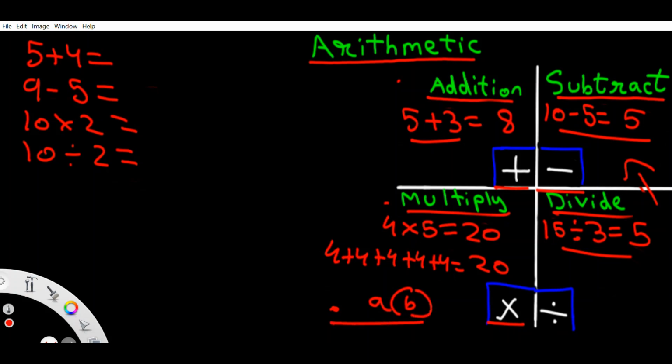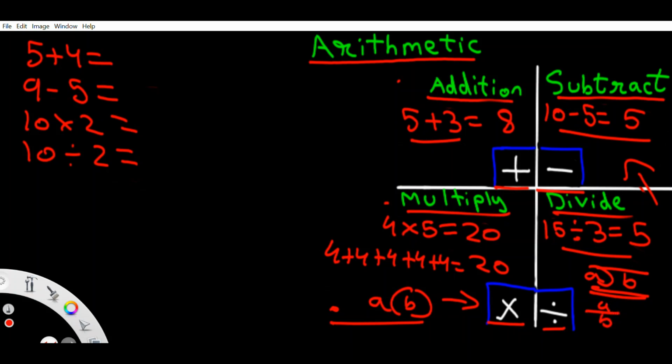Don't get confused, these both mean multiplication. And the division symbol is this symbol, and often you see this symbol as well. This means long division. This is used in long divisions mainly, and you also sometimes see a fraction.